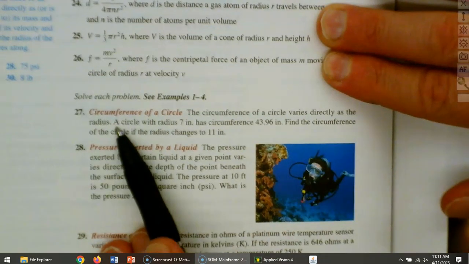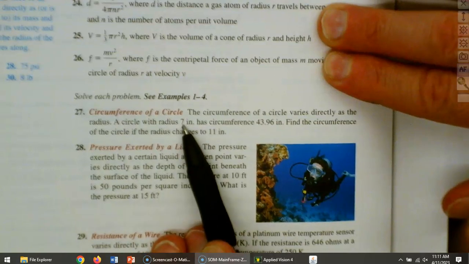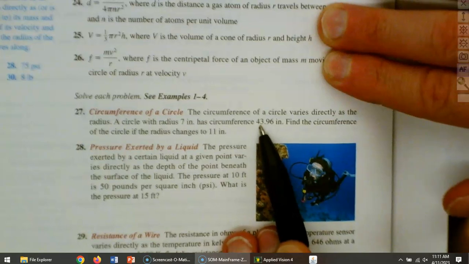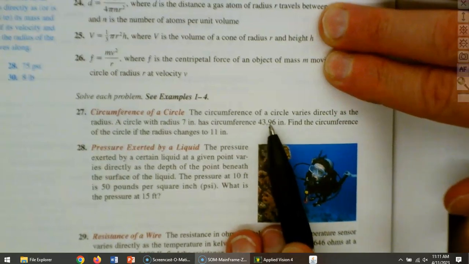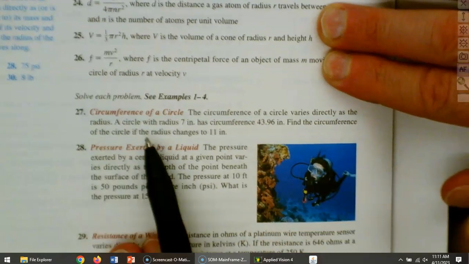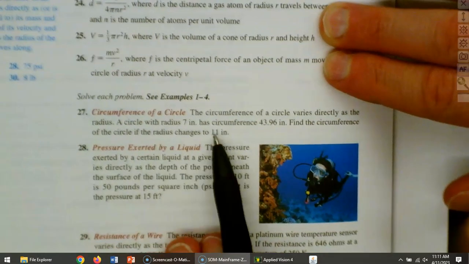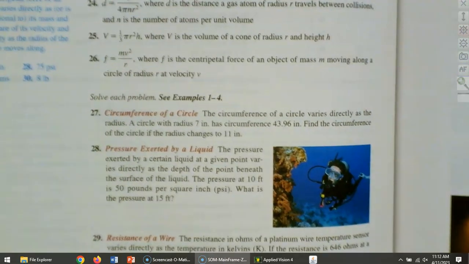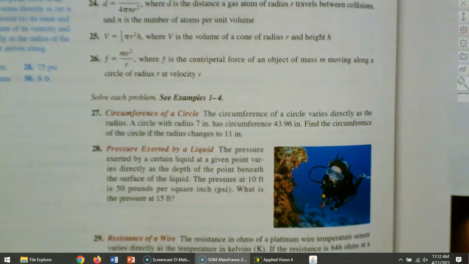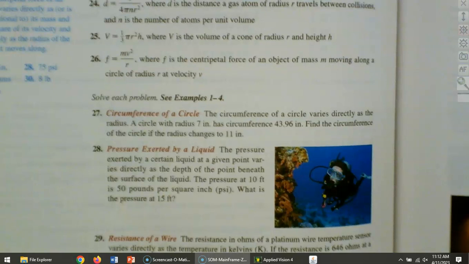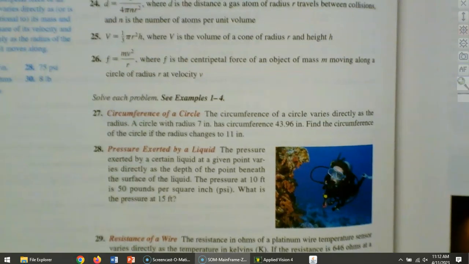A circle with a radius of 7 inches has a circumference of 43.96 inches. Find the circumference of a circle if its radius changes to 11 inches. So what we need to first do is we need to come up with our formula based upon what we have. And then once we find our formula, we'll plug in the new numbers.